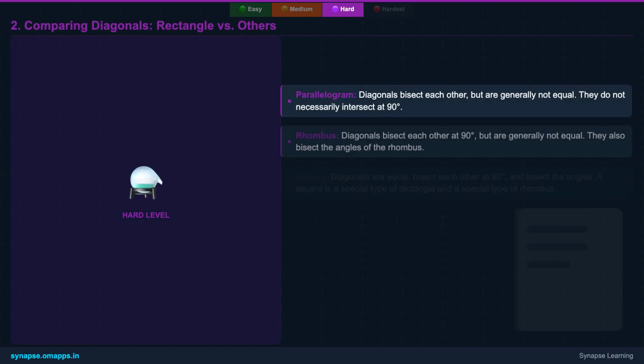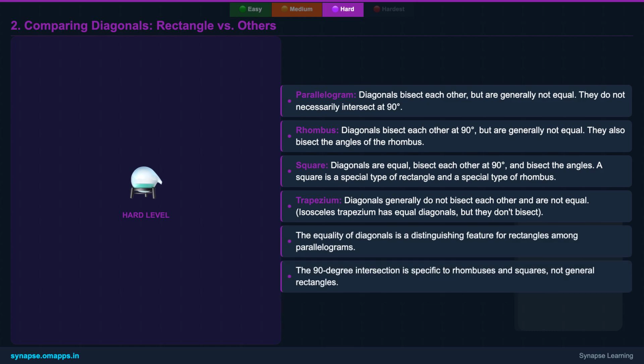How do rectangle diagonals compare to those of other quadrilaterals? A standard parallelogram's diagonals bisect each other, but are generally not equal. A rhombus has diagonals that bisect each other at 90 degrees, but they are typically not equal in length. Then there's the square, which is the overachiever.